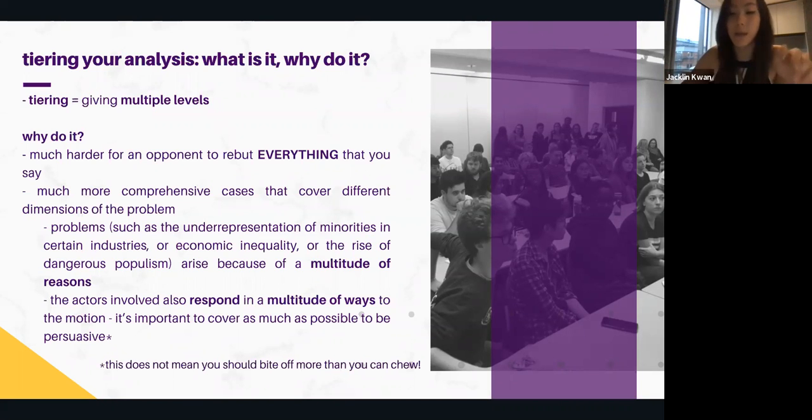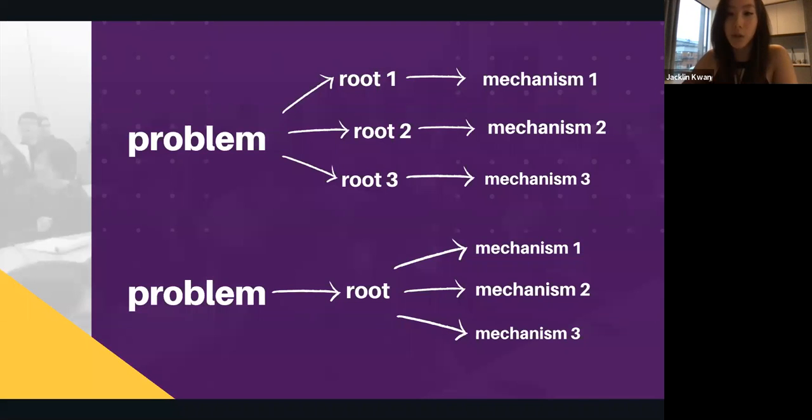So how do you do this effectively? There are loads of ways to tier your analysis. So this is one of them. This means giving lots of different mechanisms to solve a problem. So what problems mostly look like this, right? You have a problem. It could arise because of a multitude of reasons. So you have root 1 of the problem, root 2 of the problem, root 3.